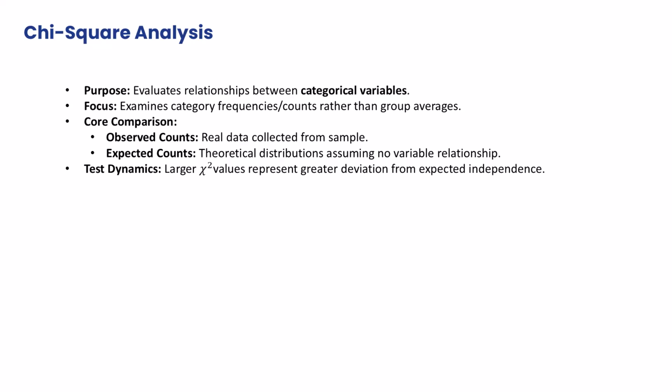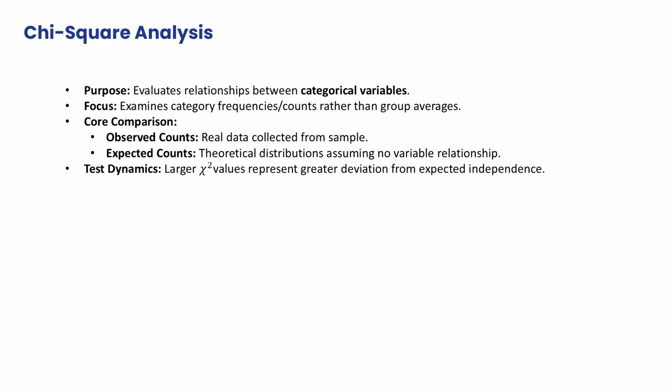Now let's switch gears to the chi-square test of independence. While t-tests require a continuous quantitative variable to calculate averages, chi-square tests evaluate relationships between categorical variables. Instead of group means, chi-square counts how many subjects fall into specific category cross-sections.